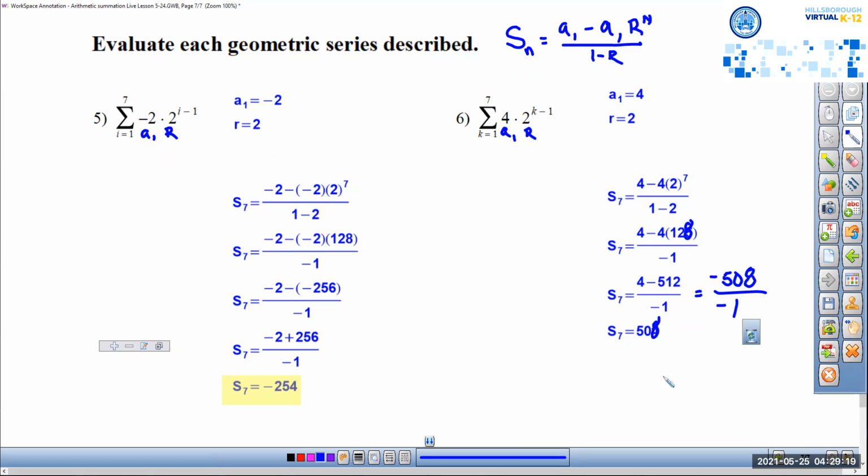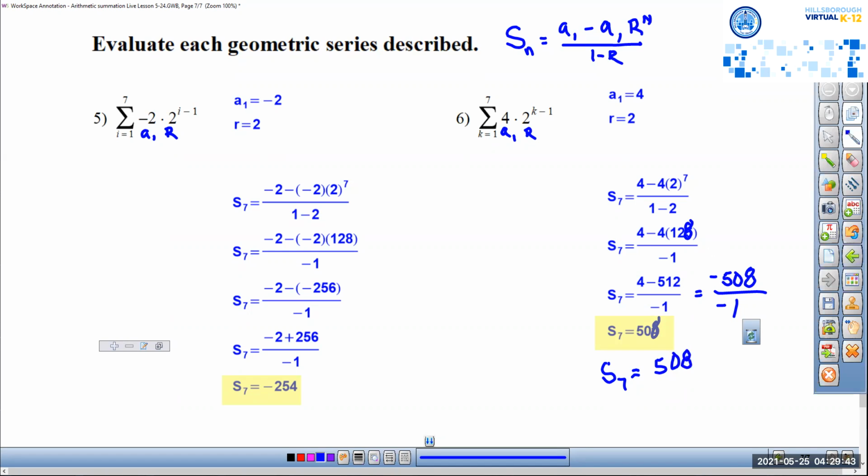I'm going to just double check the math there. So yes, your answer is 508. I'll write that a little neater here. So I had 2 typos there.